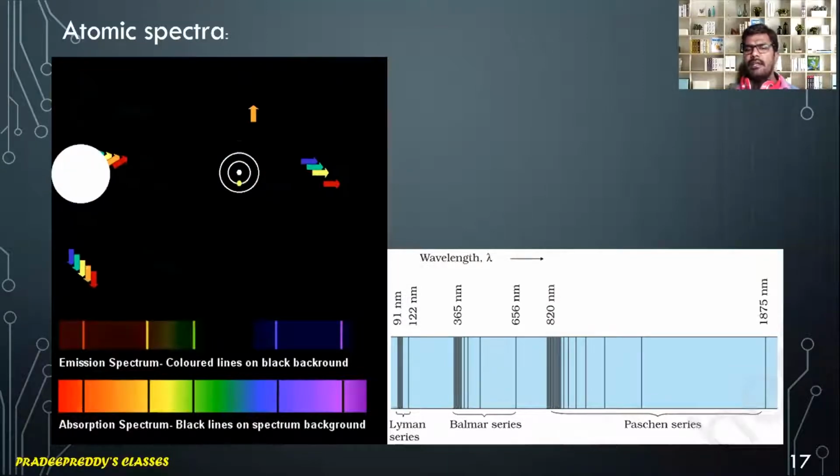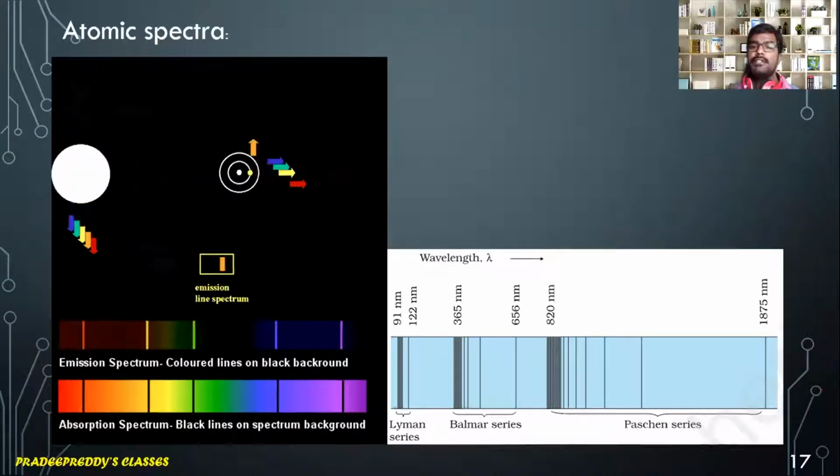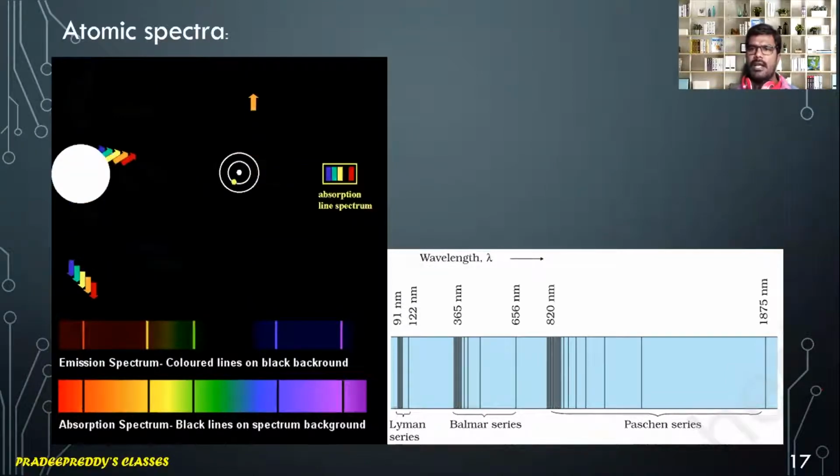In the animation, we clearly distinguish both absorption spectrum and emission spectrum. How absorption and emission is possible for an atom, and the different types of emission spectrum of hydrogen atom, we are going to learn in this video session.